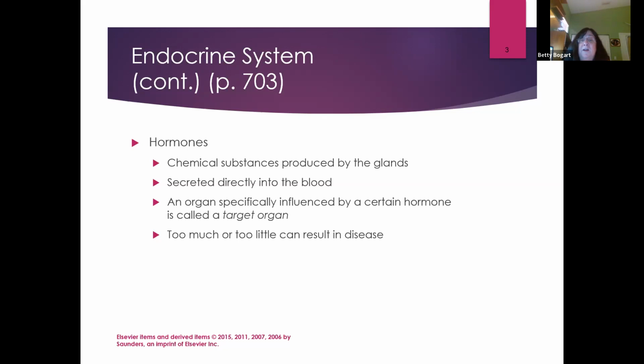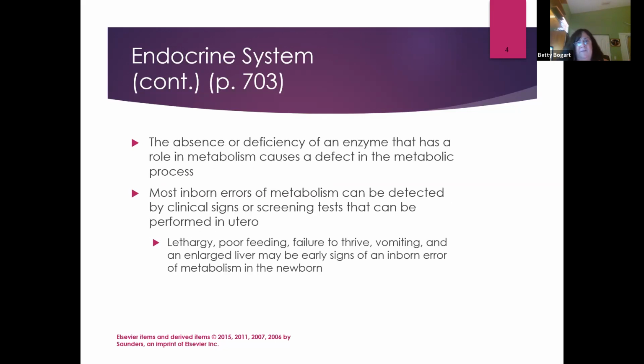Because it could be too much or too little, and there's treatment for either side of that. You don't want too little, because you need just enough, and too much can cause some really severe side effects. So the absence or deficiency of some sort of enzymes can really play a part in these metabolic problems.